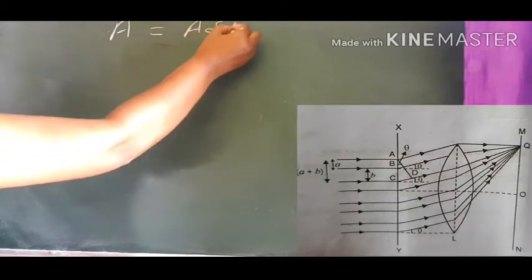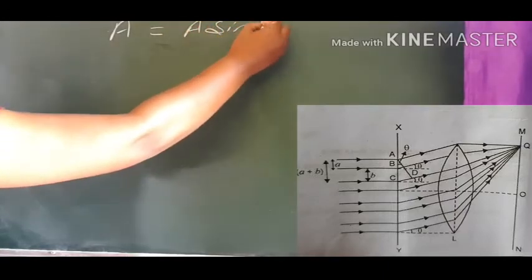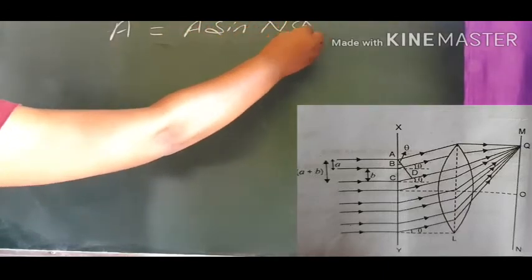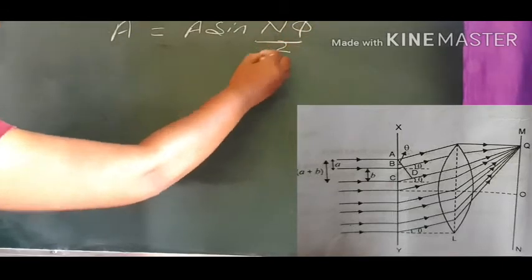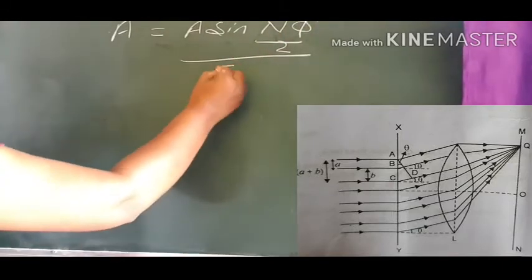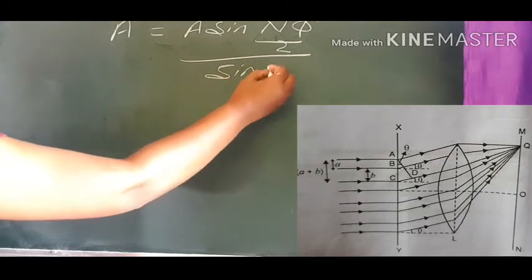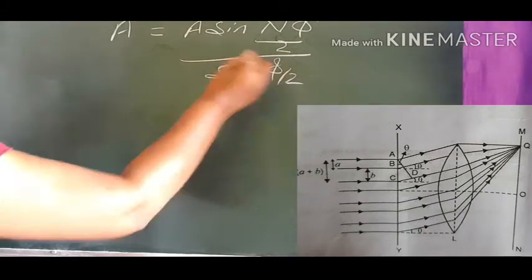So by using a similar equation, we can write A dash will be A sin(n phi by 2) divided by sin(phi by 2).